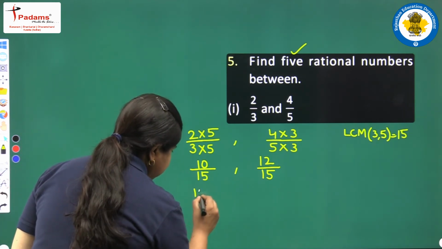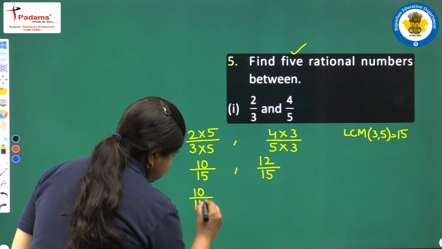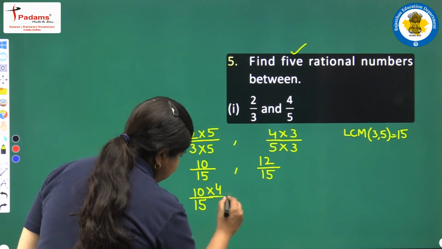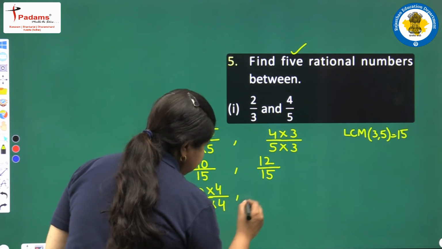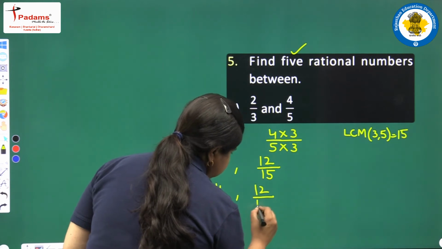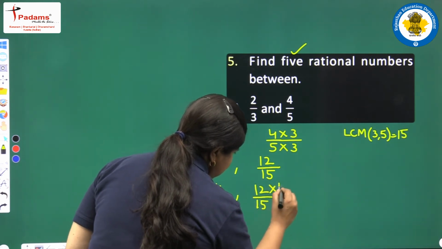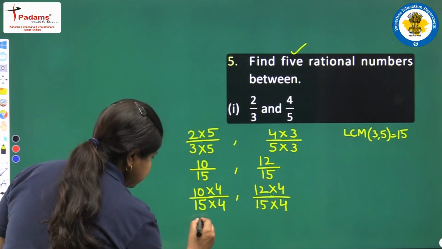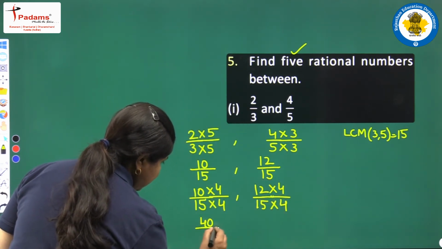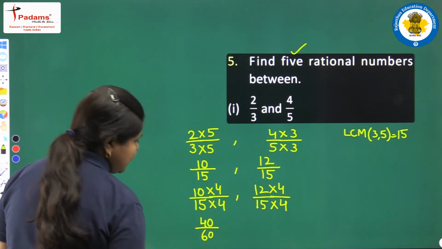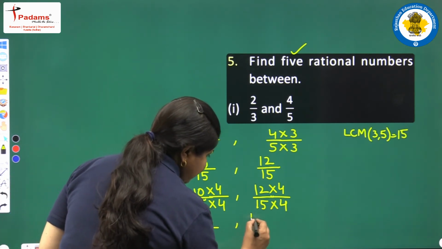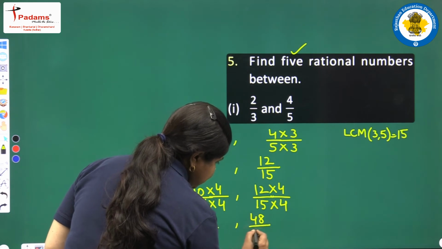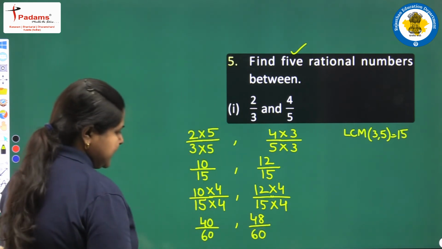This will give us 10 by 15 into 4 into 4, 12 by 15 into 4 into 4. This will give us 40 upon 60. 15 fours is 60 and 12 fours are 48. 15 fours is again 60.